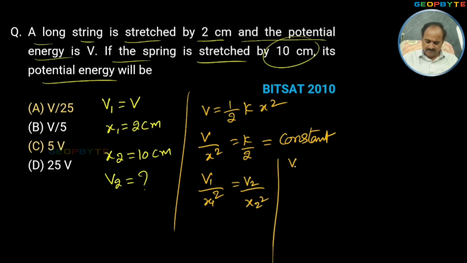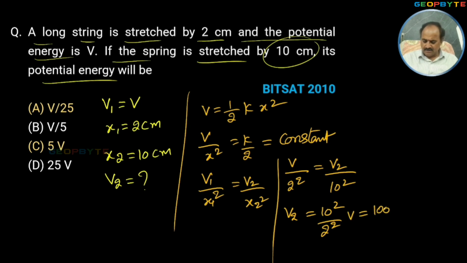V1 is V, x1 square is 2 square, V2 is unknown, x2 is 10 square. So V2 equals 10 square by 2 square into V, which is 100 by 4 into V, equal to 25 times V. That means final potential energy becomes 25 times the initial potential energy. Option D is absolutely correct.